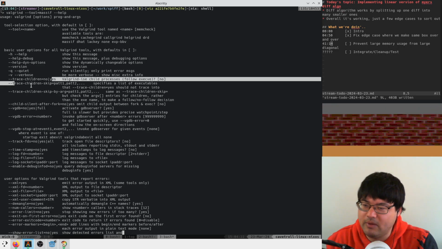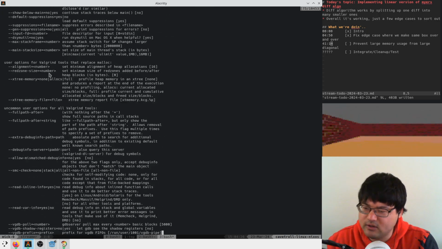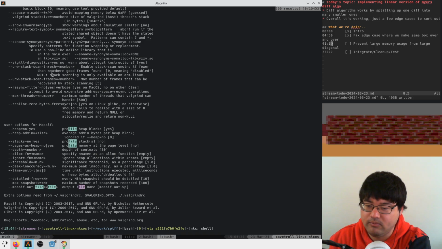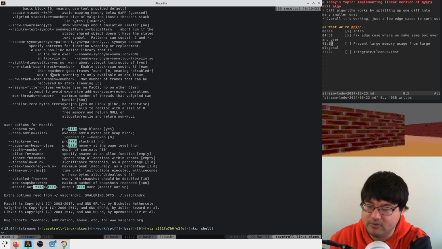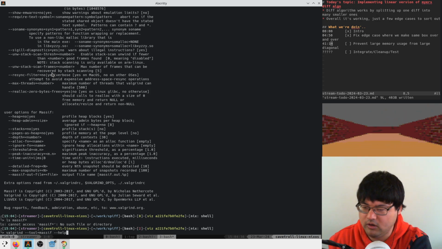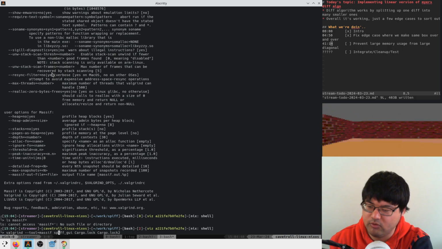Maybe the threads are confusing it and it's not seeing any allocations or something. Massif out file. Output file name is usually massif.out. Okay, I guess we'll just manually put that there. I've never seen this before.